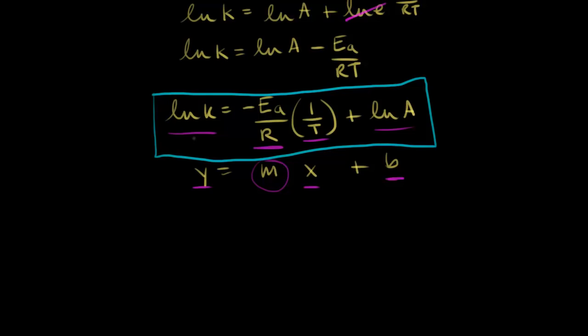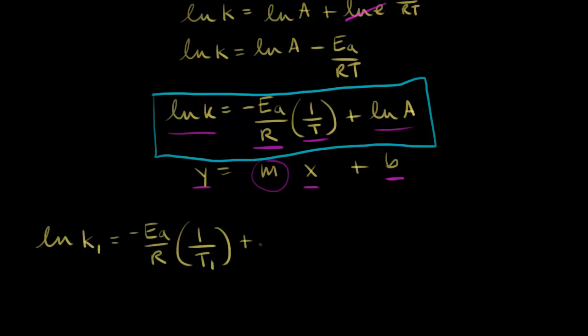So let's start with this equation that we just figured out, and let's write this for one specific temperature. At one specific temperature, we're going to have a specific rate constant. So the natural log of k1, I'll call this rate constant k1, is equal to negative EA over R times 1 over a specific temperature, T1. So when the temperature is T1, we have rate constant k1.